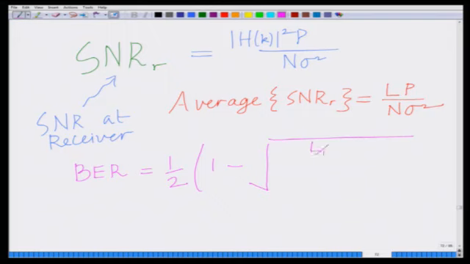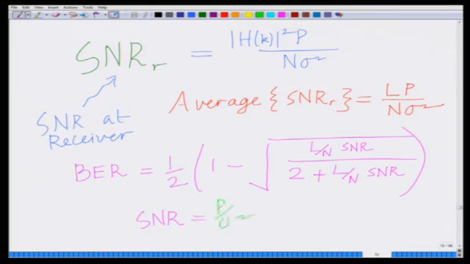So, this is L over n times SNR divided by 2 plus L over n times SNR, where SNR, using our standard notation, is P by sigma square. This is the transmit SNR. Therefore, let me box this so that it is clear for all of you to refer to.